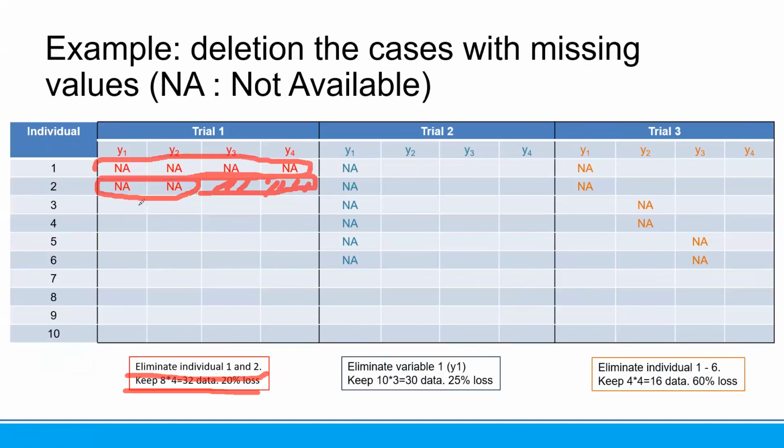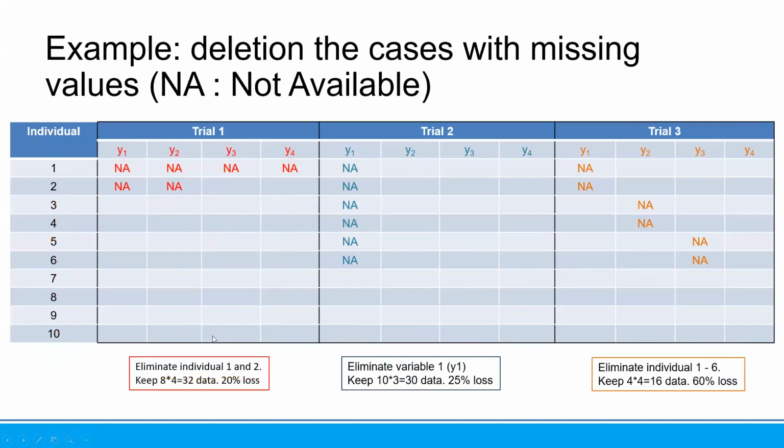We have 4 columns, and we keep 8 rows. So in this case, we still have 32 data and we have 20% loss if we delete the data.